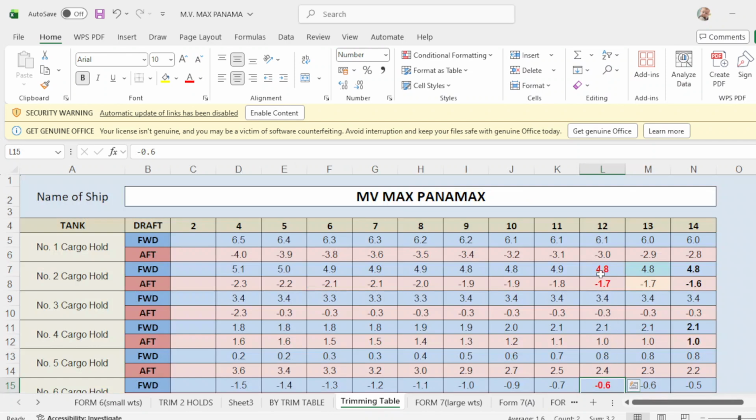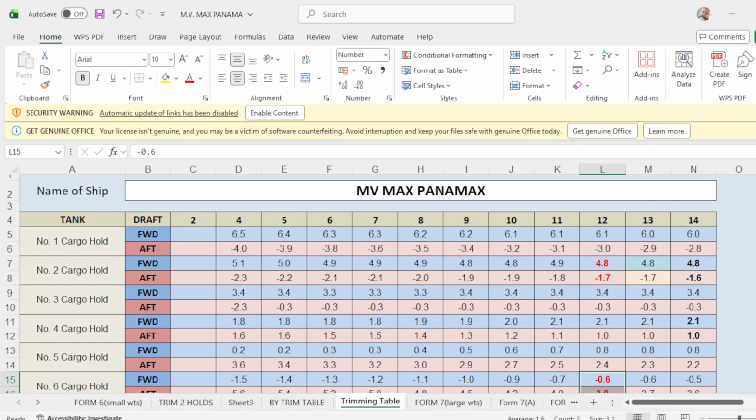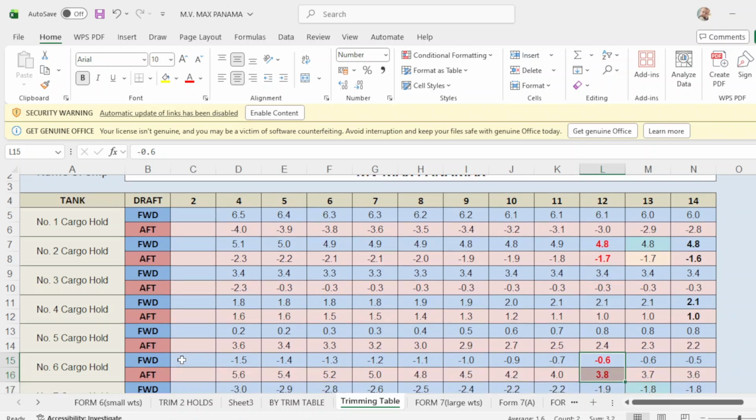Okay, so you go to your trimming table of 12 meters. What is hold number 2? The forward and aft correction. Forward correction is 4.8 and aft correction is negative 1.7, and your hold number 6. Your forward correction at almost 12 meters is negative 0.6 and aft correction is positive 3.8. So apply the correction in number 6, number 2.